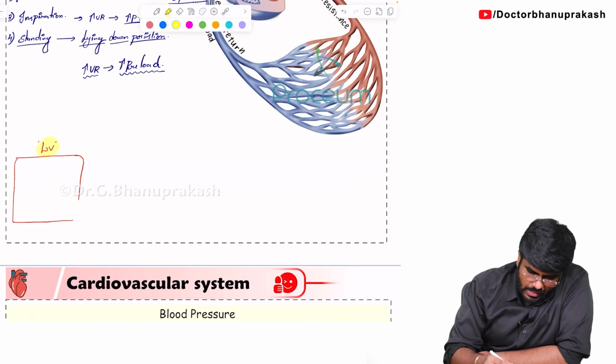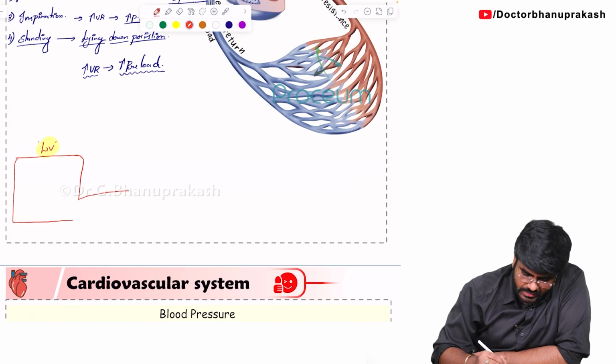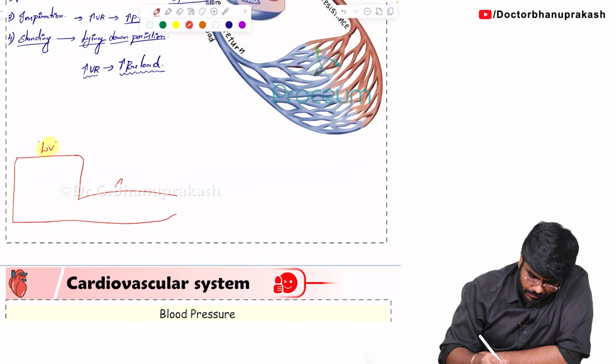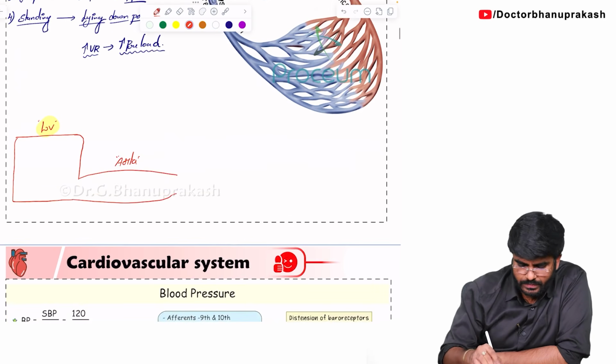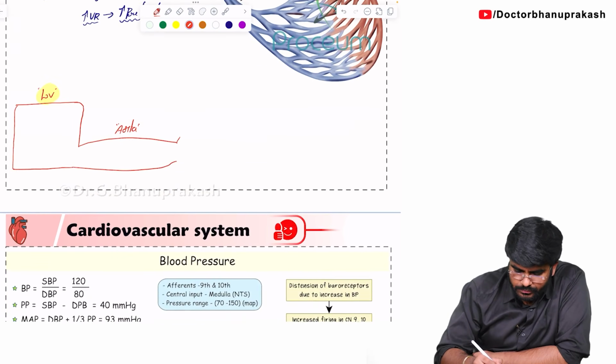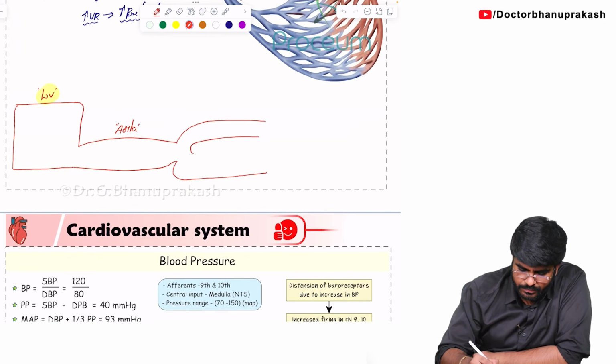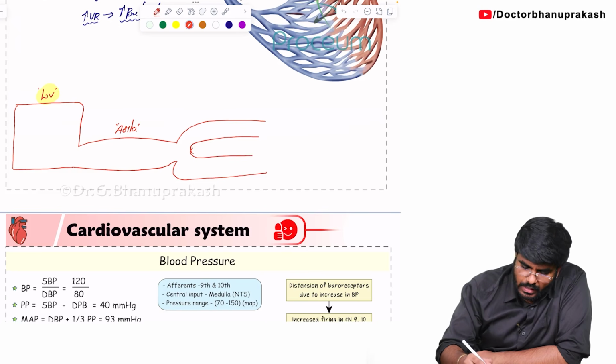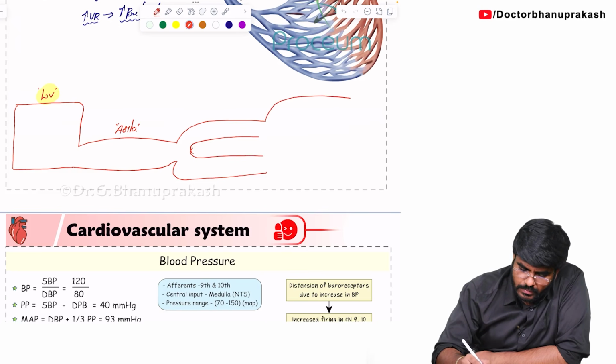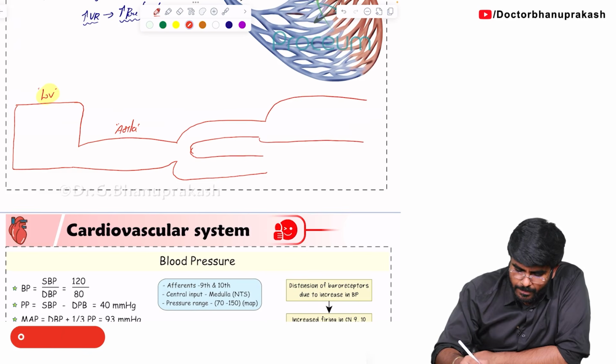Here is the left ventricle, and from the left ventricle, here is the aorta. The aorta is going to divide into arteries, and arteries are further divided into arterioles.